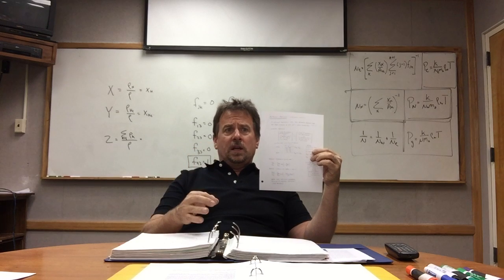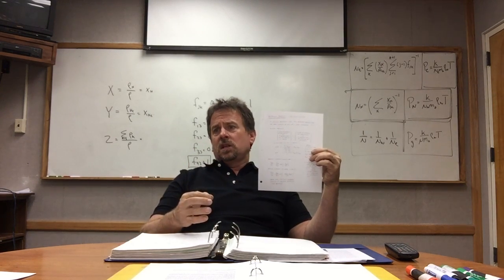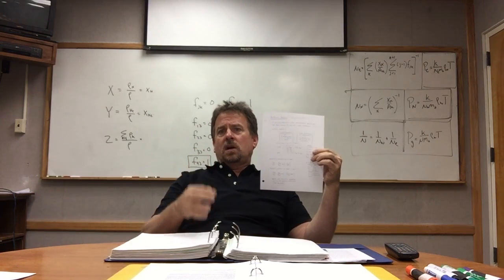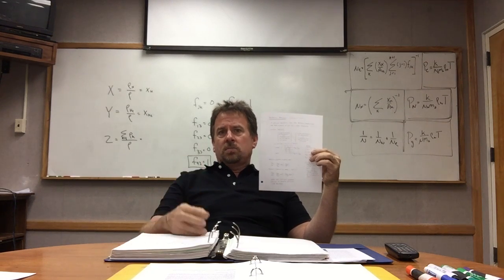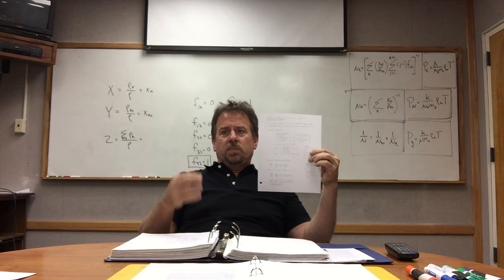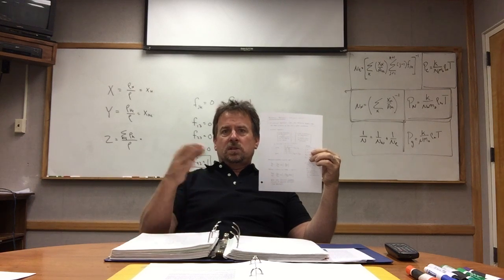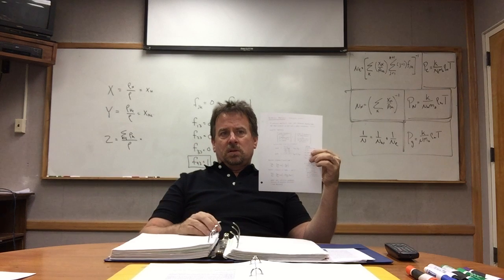When you want to calculate ionization fractions in a gas, please do not use the Saha equation unless you are assuming thermal equilibrium. Do not use the Boltzmann equation, which lets you get the excitation values, unless you are in thermal equilibrium.